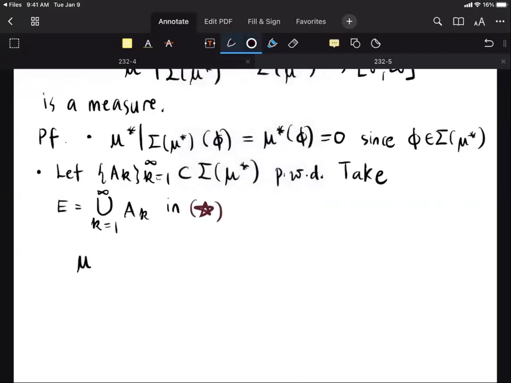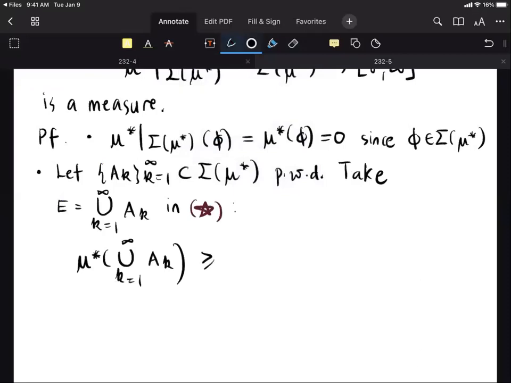So we have this inequality in star. So let us repeat that. E is the union, k from 1 to infinity, of E sub k.